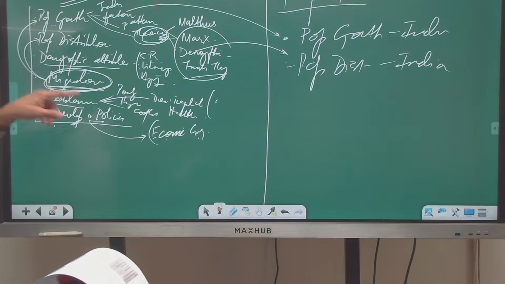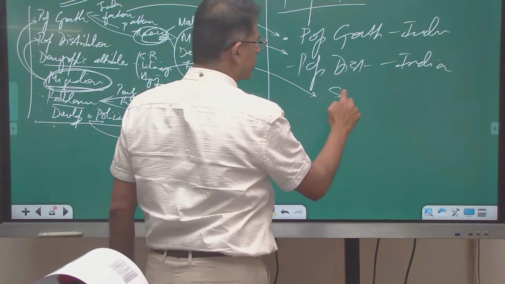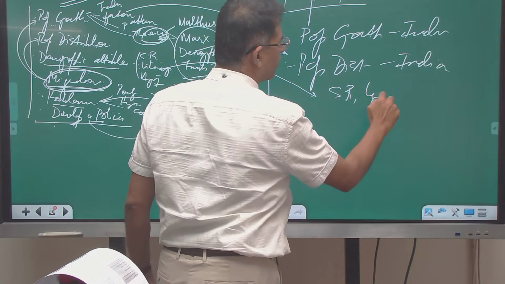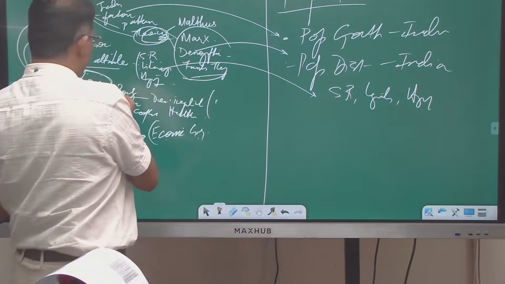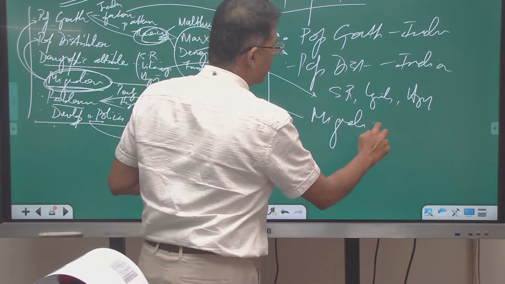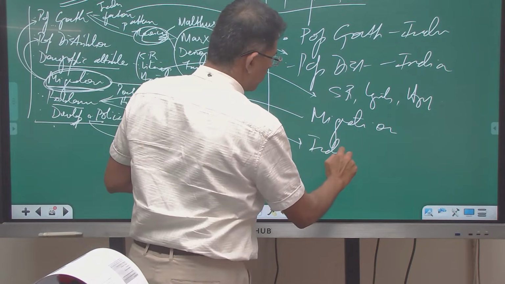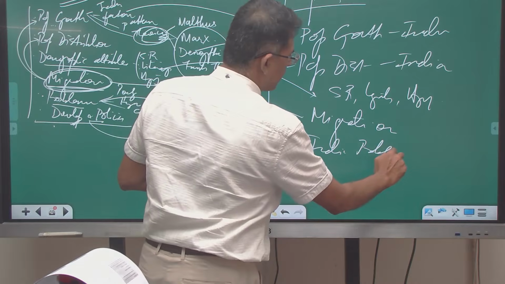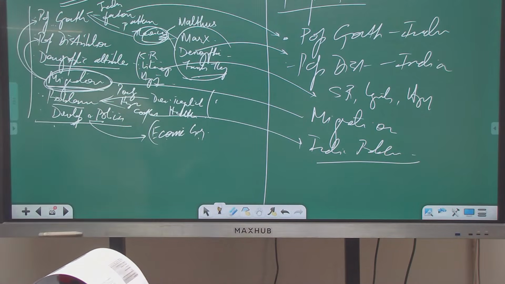Paper 2 also will have demographic attributes, sex ratio, longevity, aging population. Paper 2 also has migrations. Paper 2 again has Indian problems: poverty, inequalities, women issues.